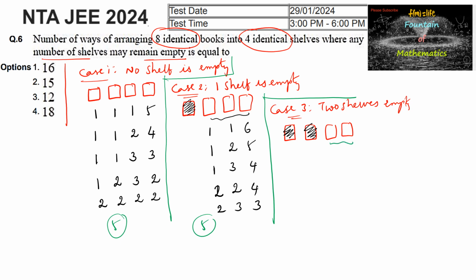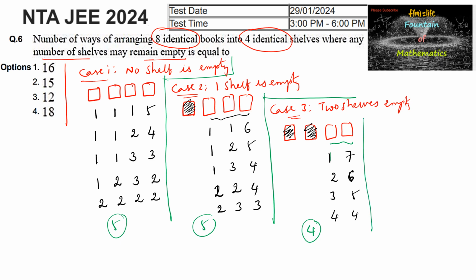So we can write 1 and then 7, and here 2, so we can write 6, and if it is 3, 5, if it is 4 and 4, if it is 5 again you will be getting 3, if it is 6 again 2 and 6 repeated. So here we can conclude there are only 4 possible ways.